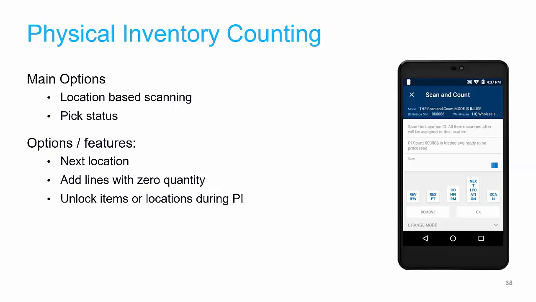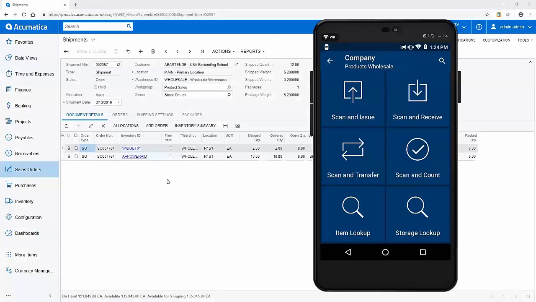All these things are designed to make it more efficient when you're doing your physical inventory. So if you don't want to lock down specific items, you can go ahead and allow those things to occur. You can also unlock things after you finish scanning. So let's go do a quick physical inventory demonstration.